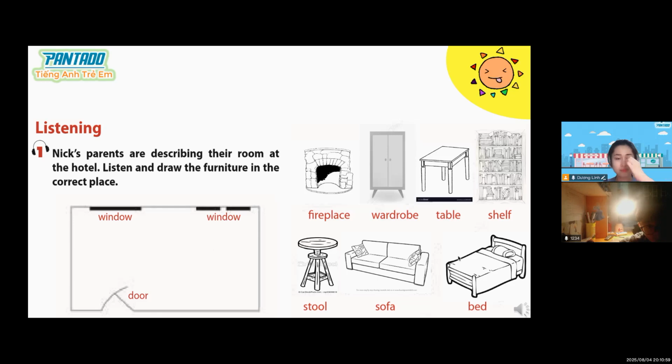The shelves are right in front of it. Next to the shelves is a big bed. There's a wardrobe next to the bed. Oh, there are also 2 other windows in the room. In front of these windows there's a sofa, a table and 2 stools. We like the room because it's comfortable.